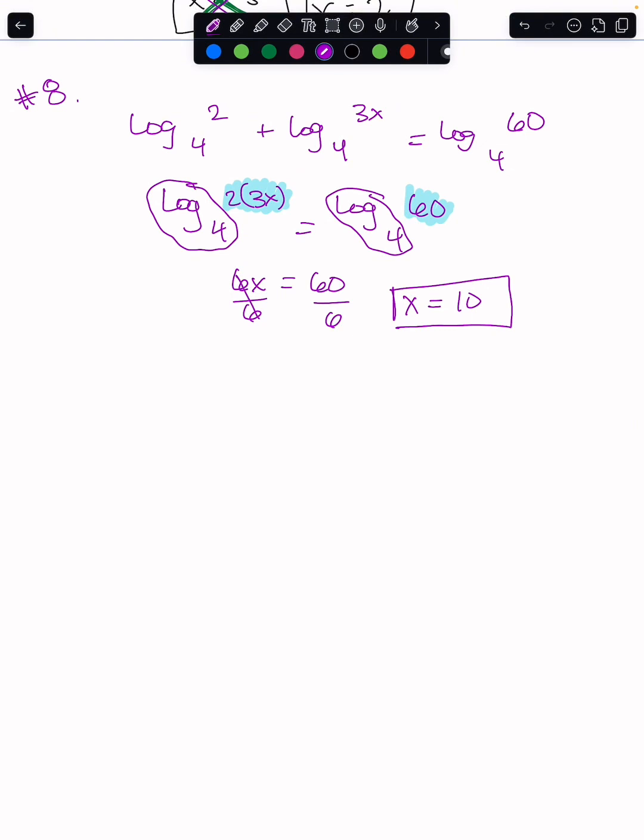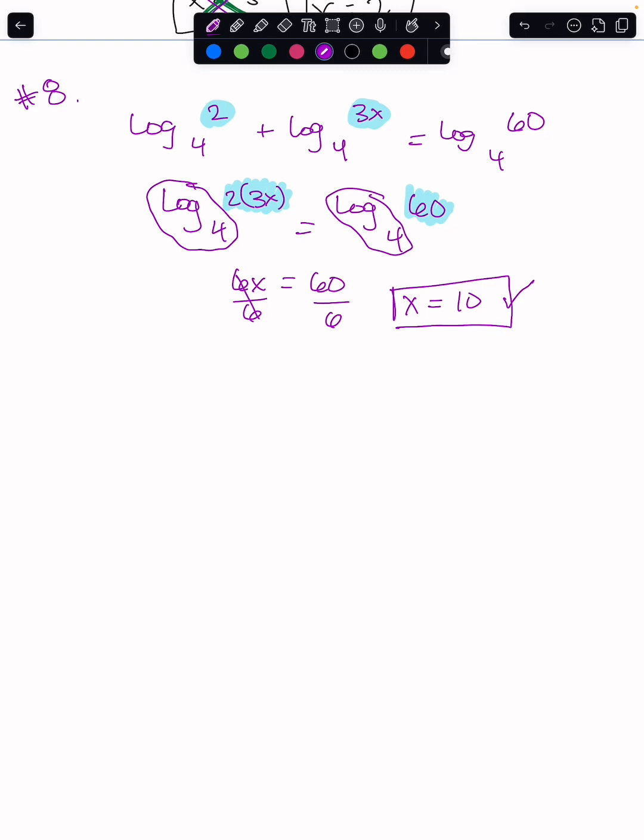I'm going to take a quick look and make sure everywhere there's an x, I can plug it in. It doesn't end up negative. When I look here, well, there's a number there. I can't plug a 10 in there. There's nothing to do. Well, if I plug a 10 in right here, that makes that positive 30. So this one is good to go. Okay, that was number 8.